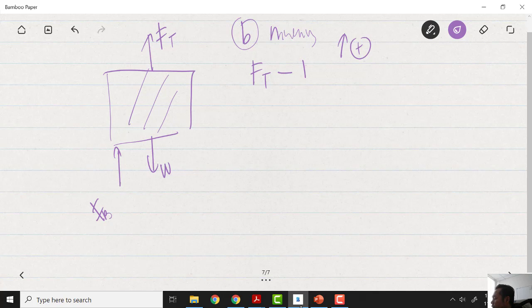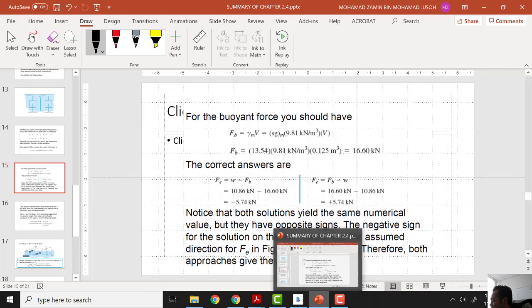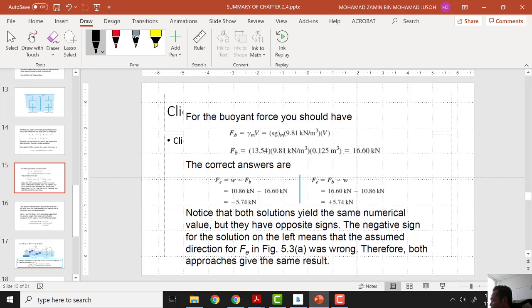So Ft plus Fb minus weight equals 0. So Ft equals weight minus Fb. You will find that Fb will be larger than the weight, and then you get your answer negative, minus 5.74 kilonewton.